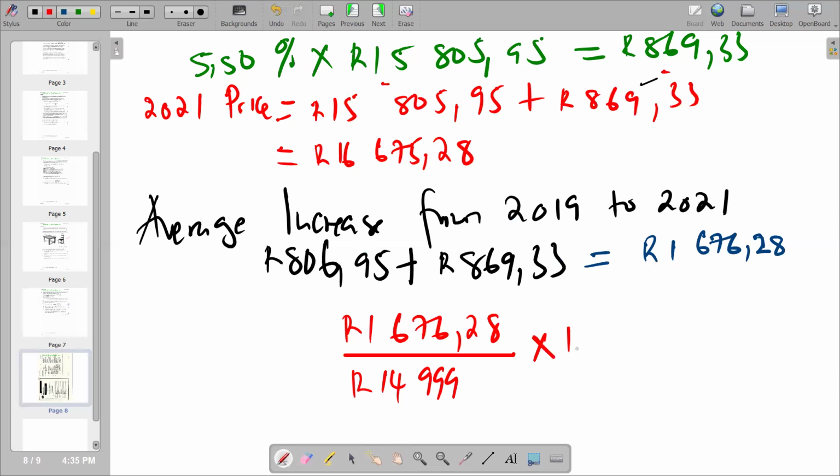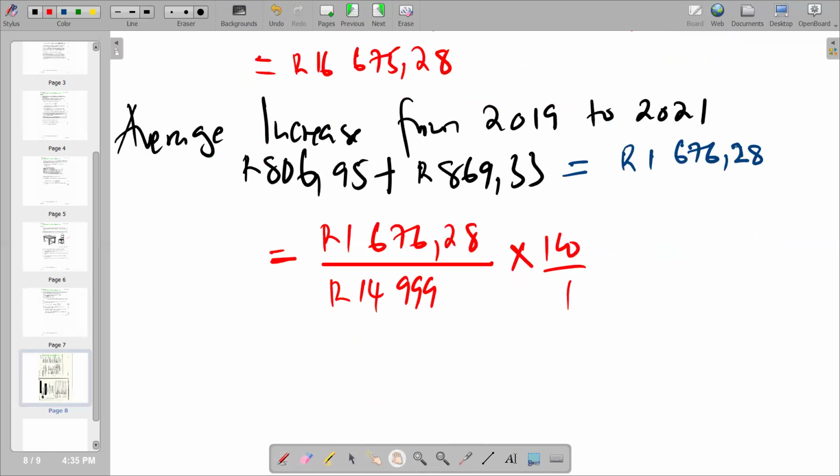And then we multiply by 100 over 1. So having that now, we calculate like that. We see that we are going to get the percentage as 11.175945%. But of course, we have to round it off.